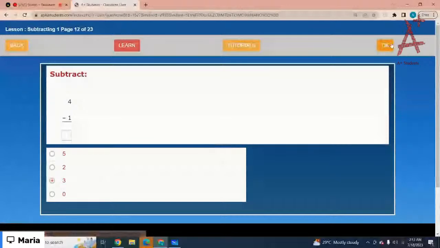Okay, the next one is 7 take away 1. So which is the correct option? You have to go back by one number. You are given 4 of the options. They are 6, 8, 0, and 5. So 7 take away 1 is, yes, it is 6. So 7 take away 1 is 6.